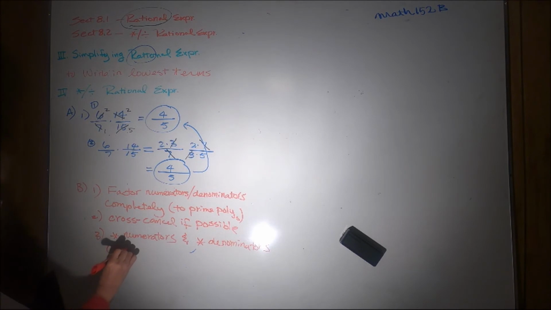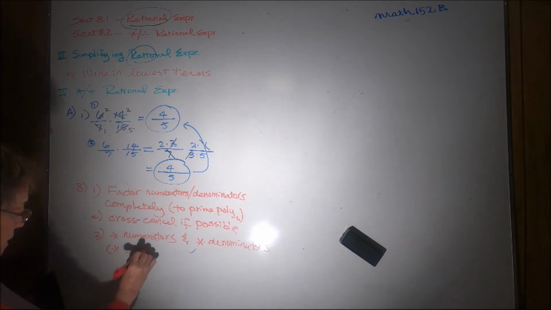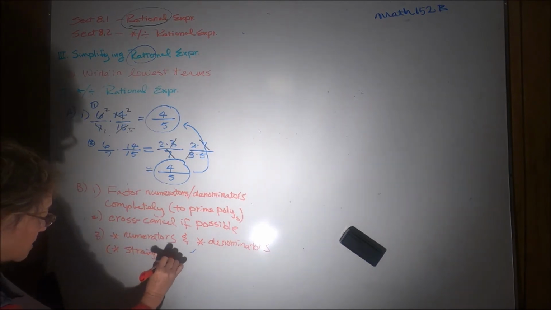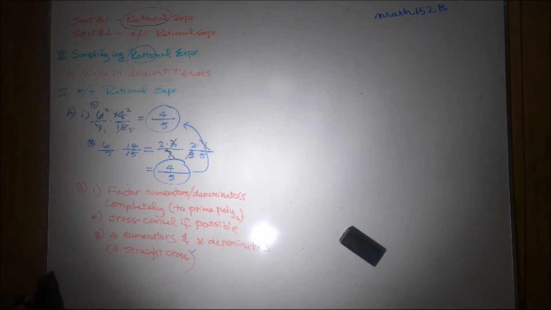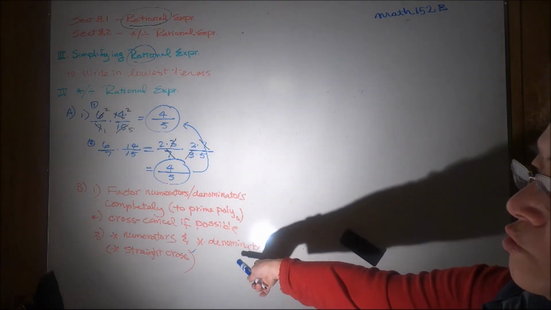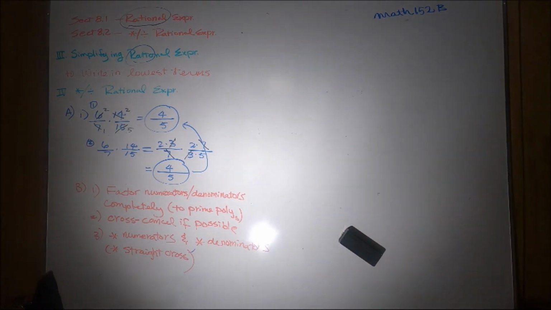That means multiply them straight across. Then that will be your answer in simplest form as well, right? Because you already crossed out all the same factors. So you already simplified. Okay, so that's how we do multiplications.